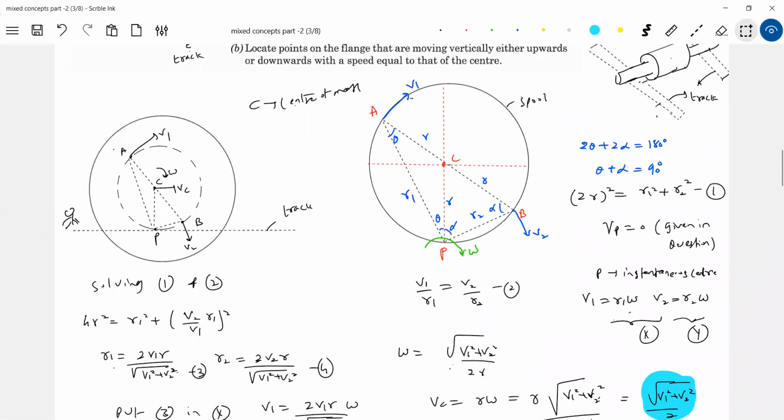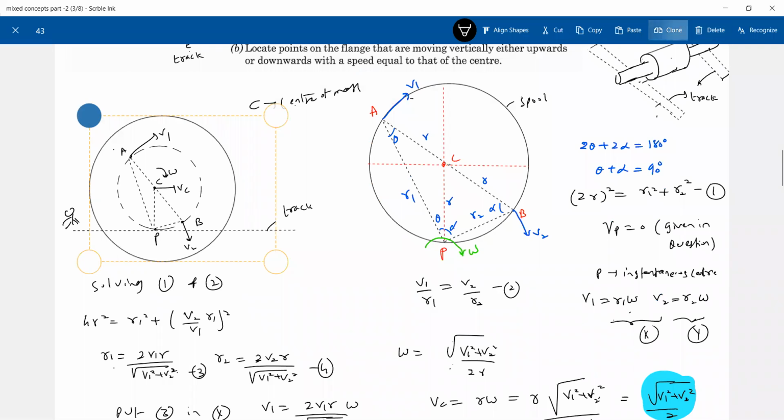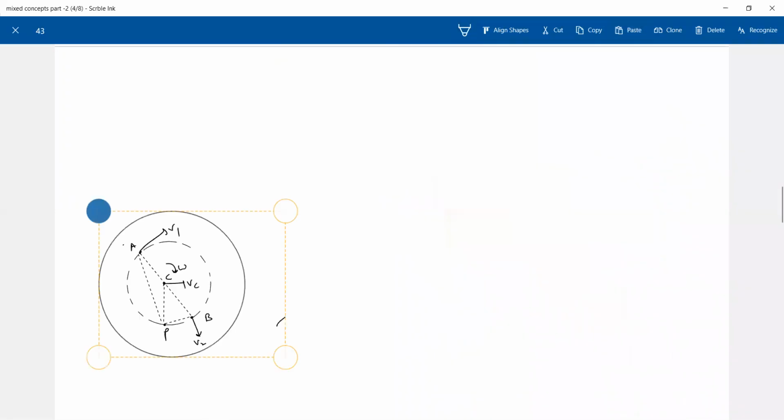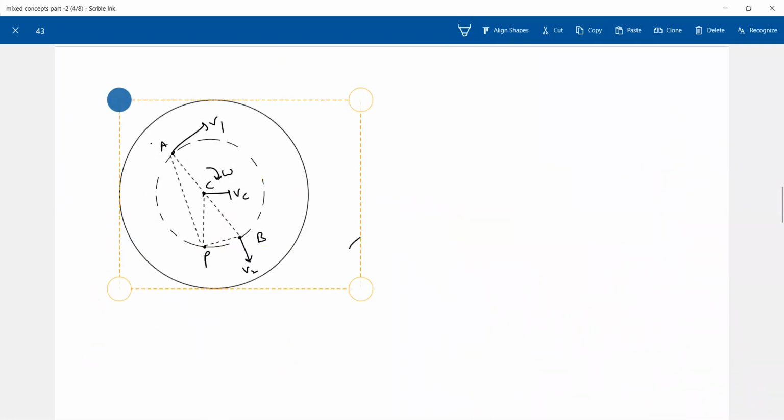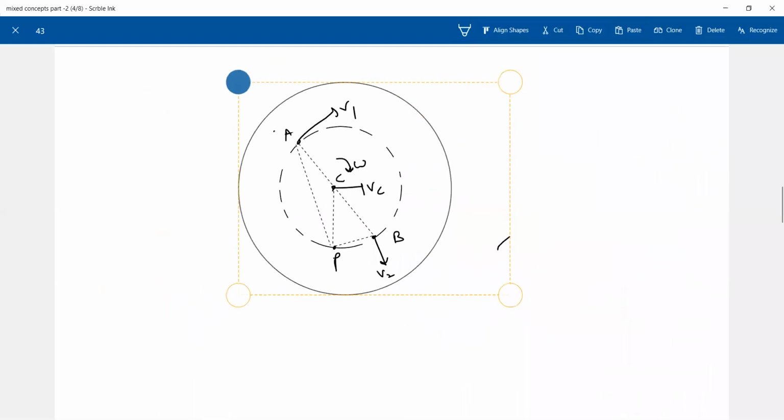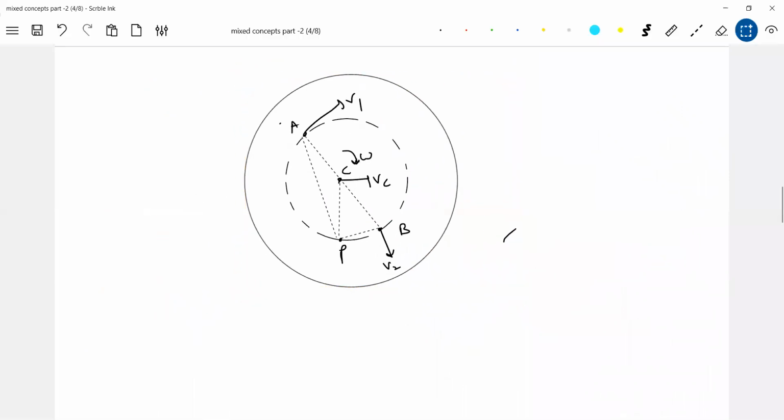I'll take this diagram. So we'll take it out. This omega. This V1 also.